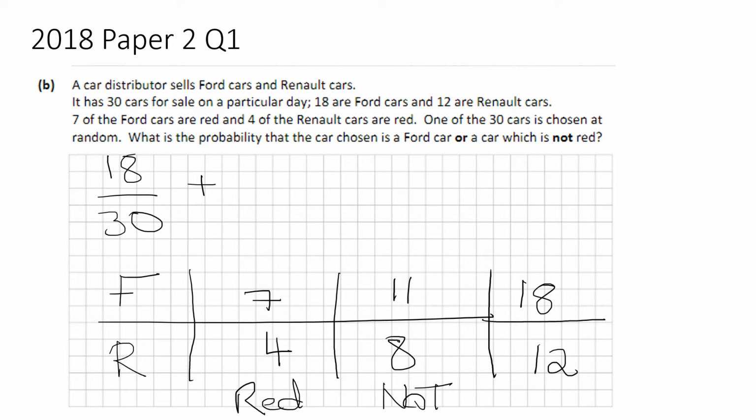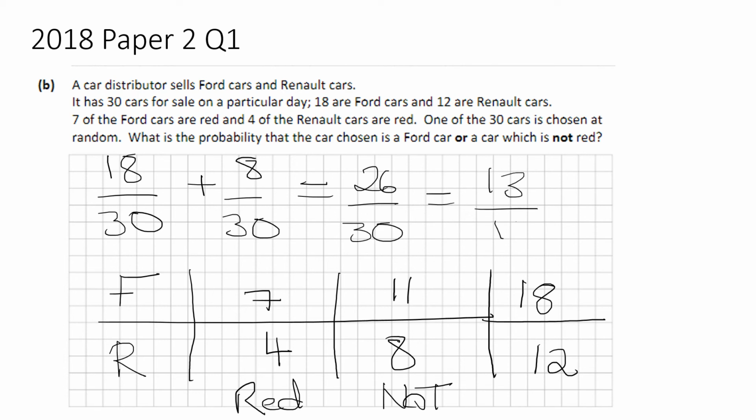So when they're asking you what is the probability of the car chosen being a Ford car, there's 18 of them in total out of 30, or a car which is not red, well, you can see the ones that are not red that are left are 8 here out of 30, which gives you 26 over 30, which is 13 out of 15. That's just another way of solving it.